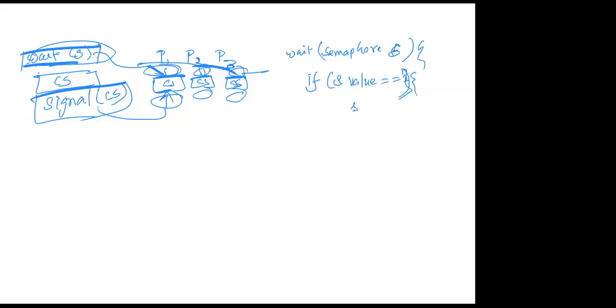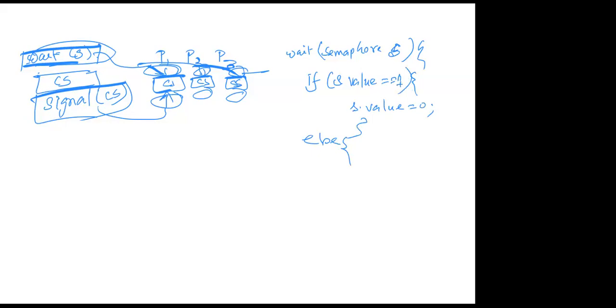Then it makes s.value equal to 0, meaning this process now enters the critical section. Else, if s.value is not 1, it means that one process is already inside the critical section.